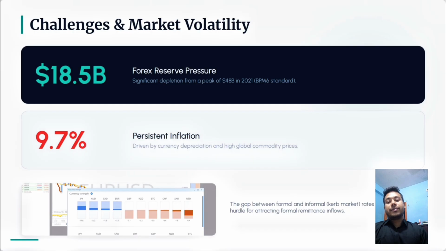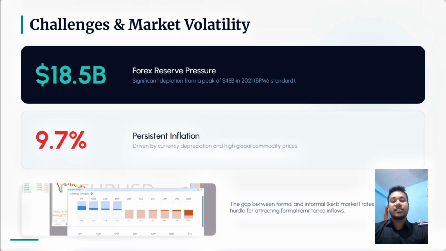The forex reserve pressure: the foreign exchange reserve drastically fell, to $18.5 billion, a significant depletion from a peak of $48 billion in 2021, under the BPM6 standard.